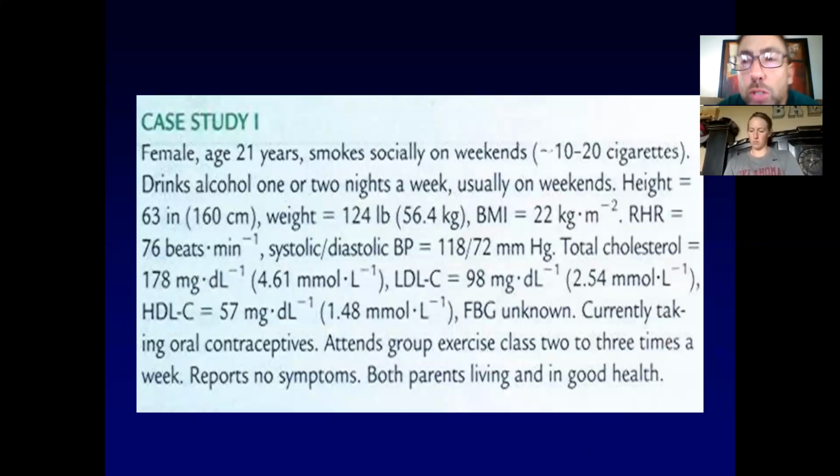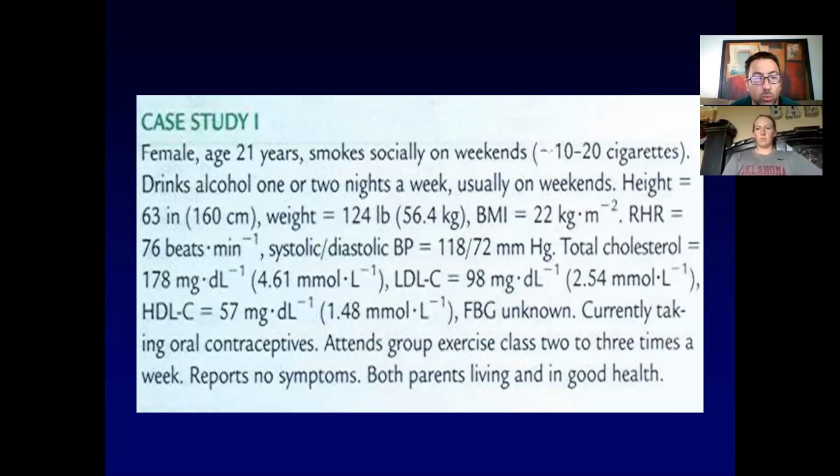Okay, so we have a female who is 21 years old, smokes socially on weekends, drinks alcohol 1 or 2 nights a week, usually on the weekends. She is 5'3", weighs 124 pounds, so her BMI is 22. She has a resting heart rate of 76 beats per minute. Her blood pressure is 118/72.